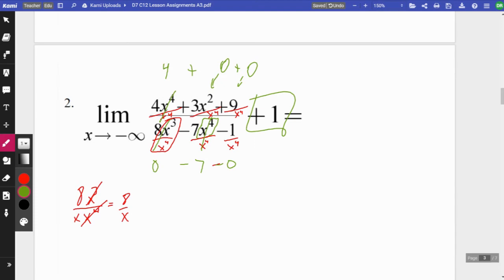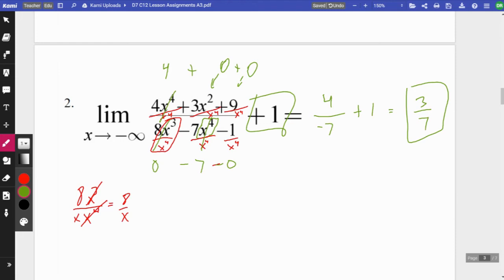So we would have 4 plus 0 over 0 minus 7 minus 0, to negative 7 plus 1. It means that this limit ultimately is going to go to 3/7. And all I did was just add these two fractions, 1 over 1. So you can see the importance of this: when you first look at this problem, it looks like a complicated nightmare.